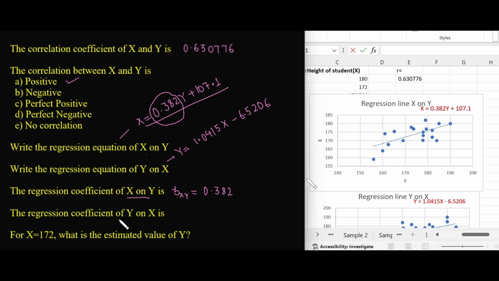The next question is the regression coefficient of y on x. First we find the regression equation of y on x, and after that find the coefficient of x. So in this case the answer is byx = 1.0415.